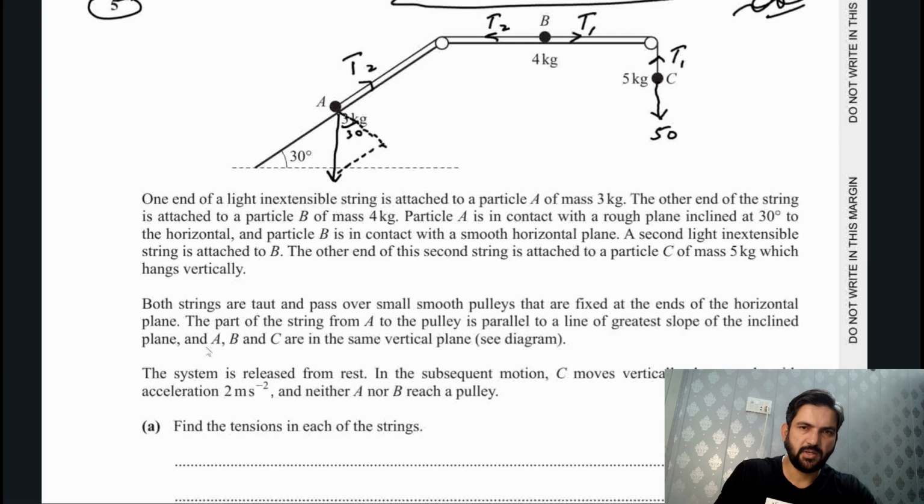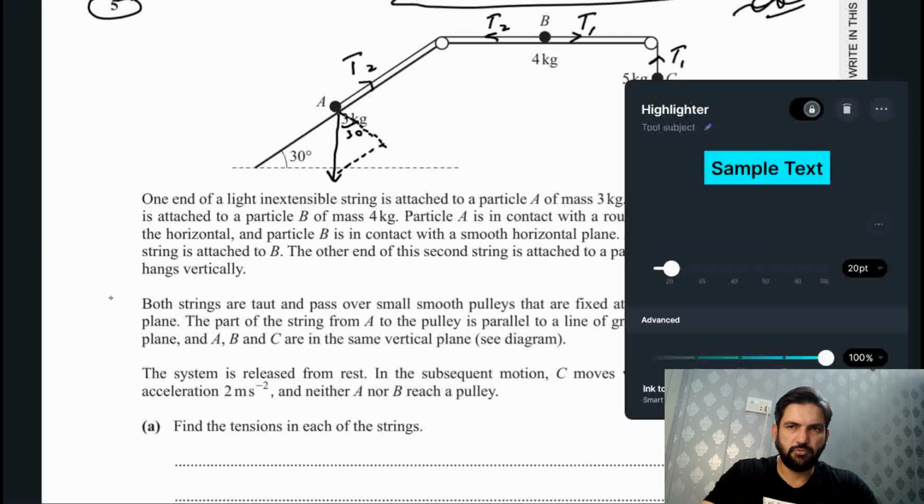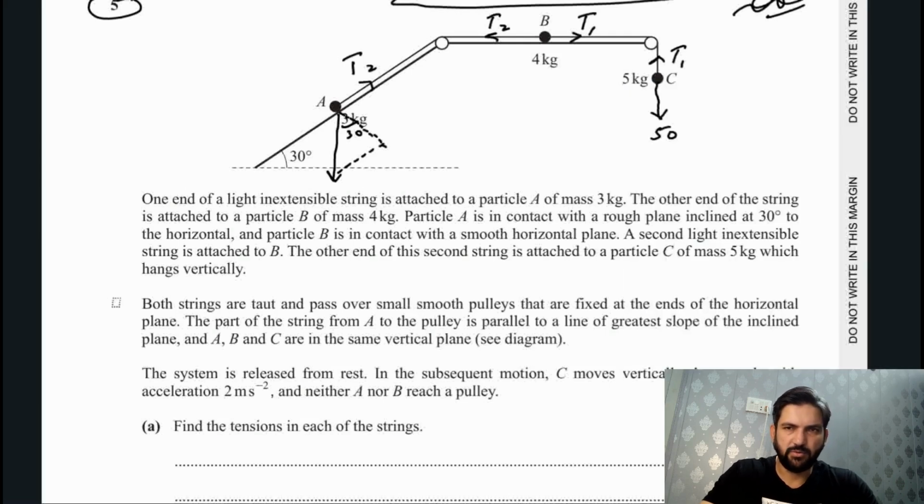We need to see all the forces one by one and then find the values. First of all, we can see that the acceleration is downward, 2.4 meters per second squared. This is the acceleration vertically downward.